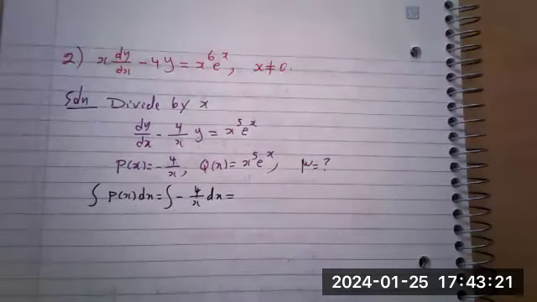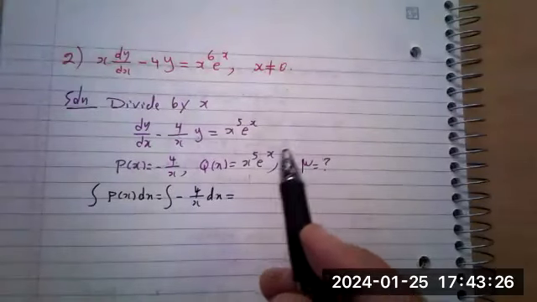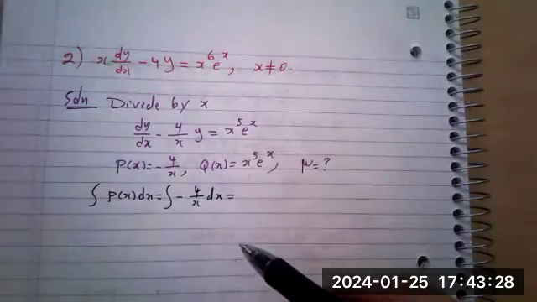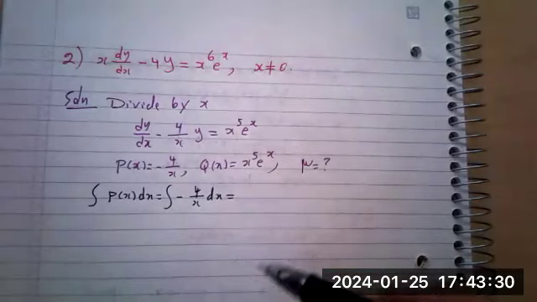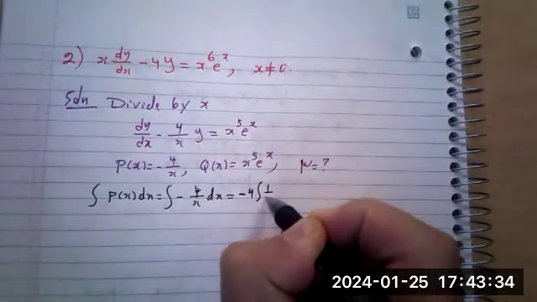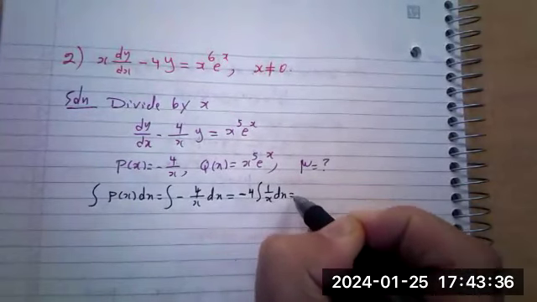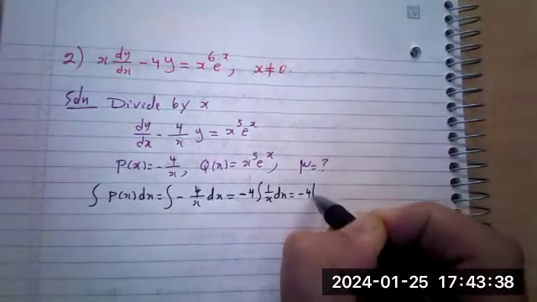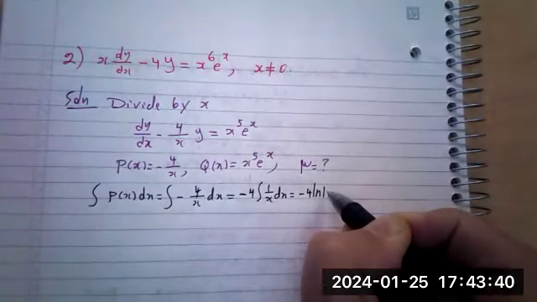Any suggestion? What's this integral? We pull out the negative 4, it's 1 over x dx, which is the natural log. So it's negative 4 times 1 over x dx, which is going to be negative 4 ln of the absolute value of x, if you like.